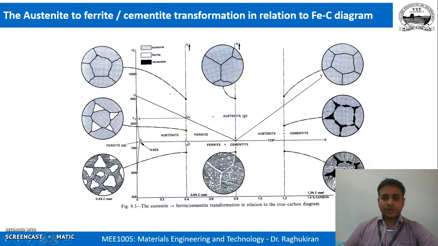Once you reach here, I am talking about the composition. Until here you have ferrite plus austenite, right? So your ferrite composition is found by going with the lever rule, or by going with the tie line, put a horizontal line here.